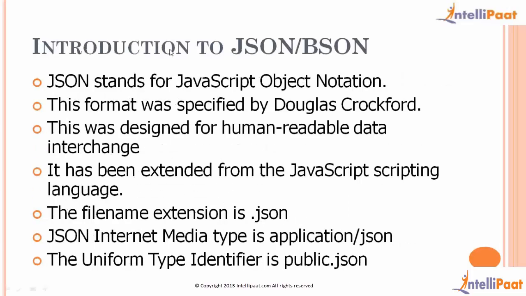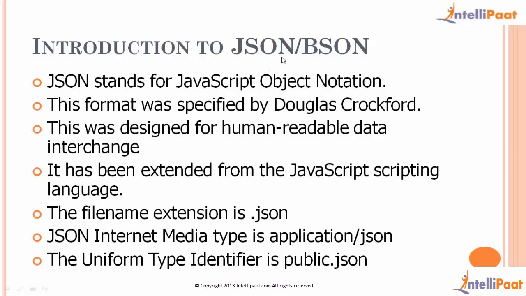All right. Now let's understand JSON and BSON. Why JSON and why BSON? MongoDB displays data in terms of JSON, and internally it stores it in the form of BSON. JSON is called JavaScript Object Notation, and BSON is called binary JSON.